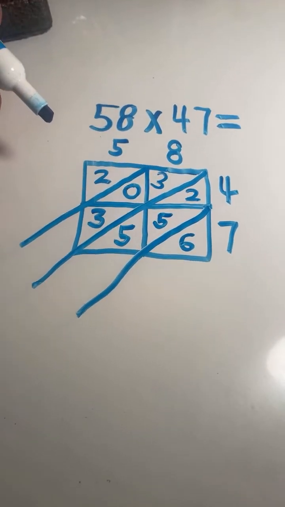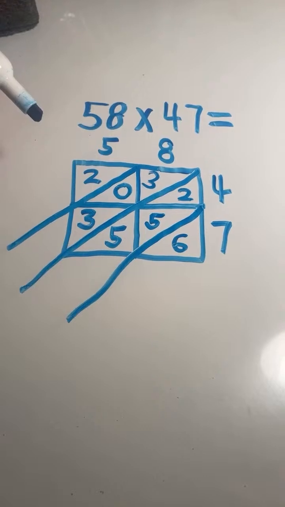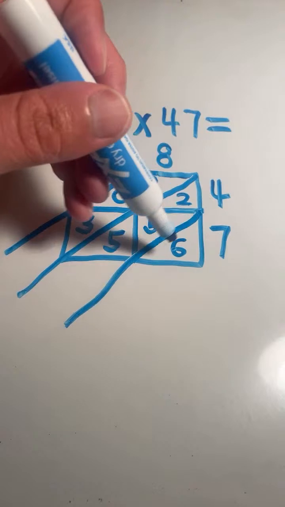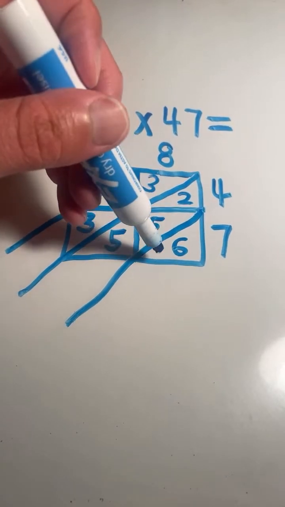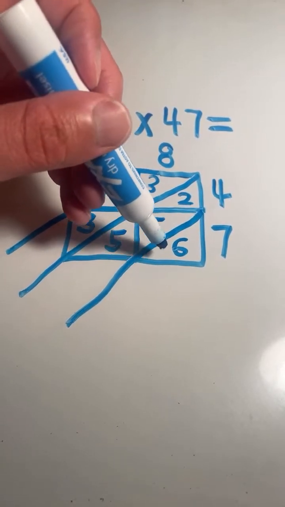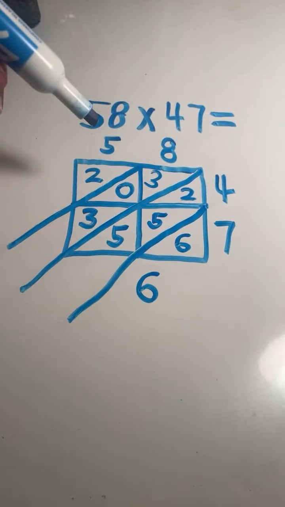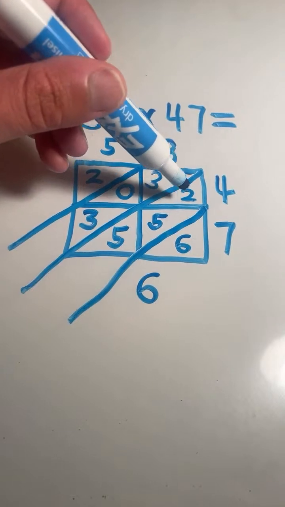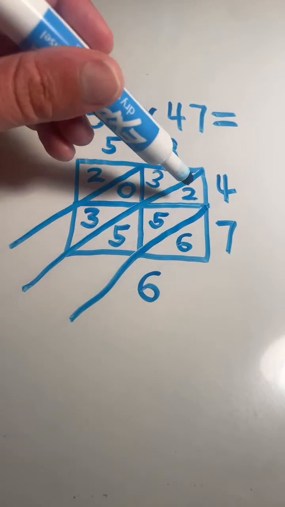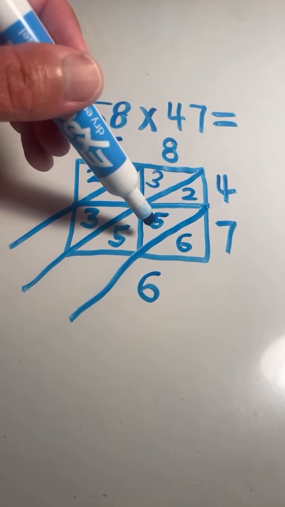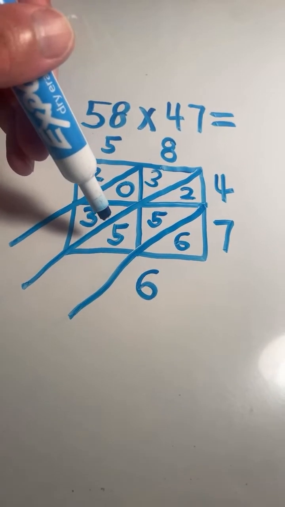All right, now we are going to add the numbers along the diagonal lines. So in the ones place, the only number inside the square is a 6, so we have a 6 in the ones place. Next, we have to add 2 plus 5 plus 5. 2 plus 5 is 7, plus 5 is 12.